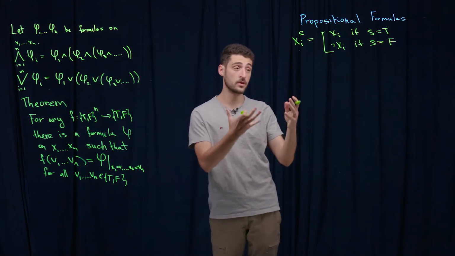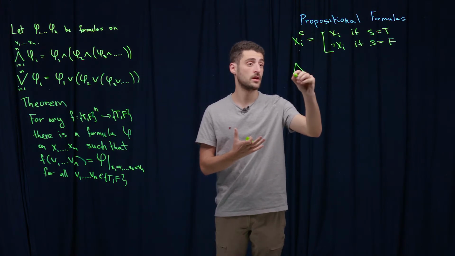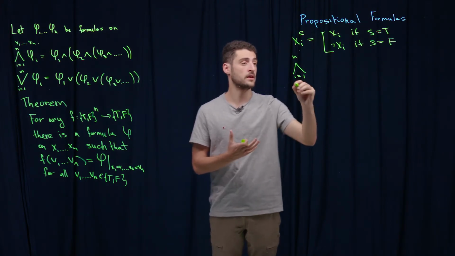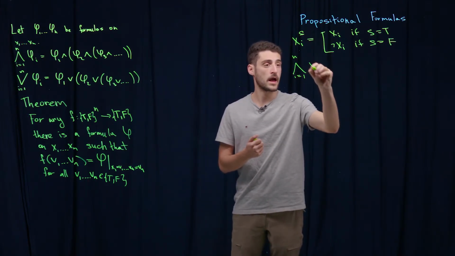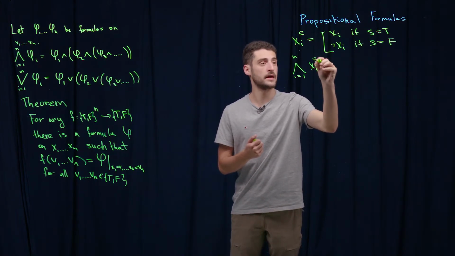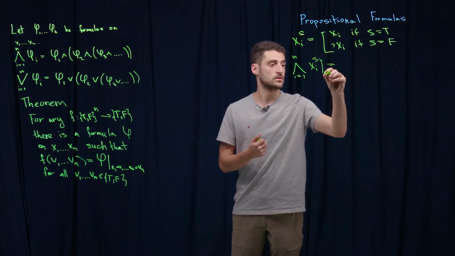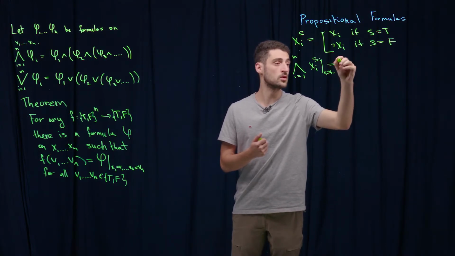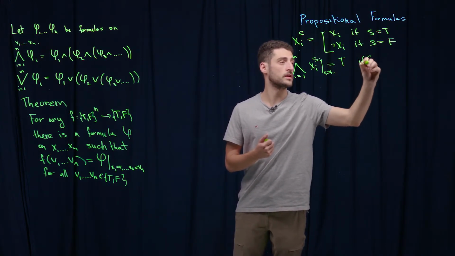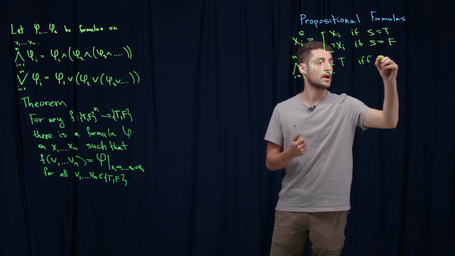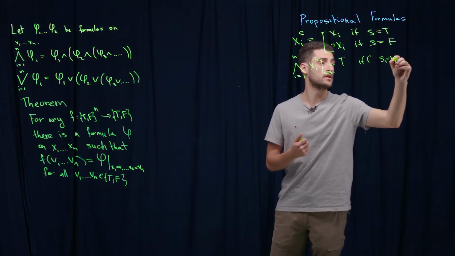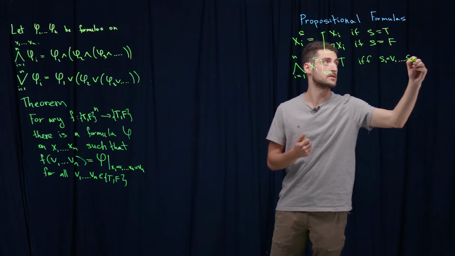In this case, you may notice that if you have a conjunction from 1 to n of xi to si, then it's equal to true if and only if s1 is equal to v1, and so on, sn is equal to vn.